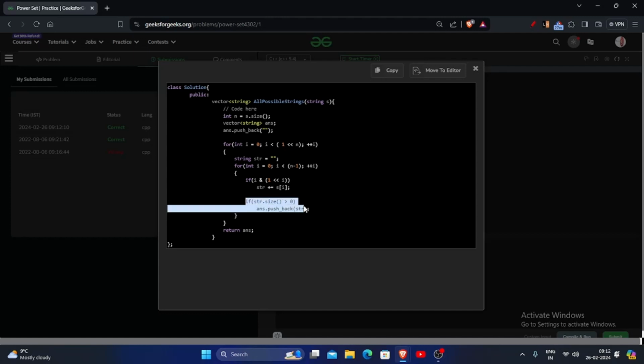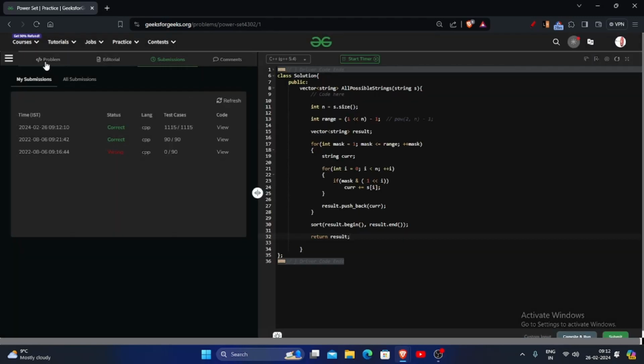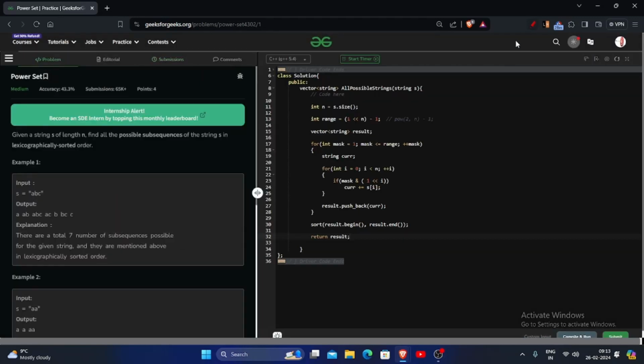And here, since I was iterating my mask from 0, and we don't need an empty subsequence, I was doing a check on whether size was greater than 0. But here we ran from 1 only because we know we don't need an empty subsequence. So this was today's problem. The only thing was this line and this line.